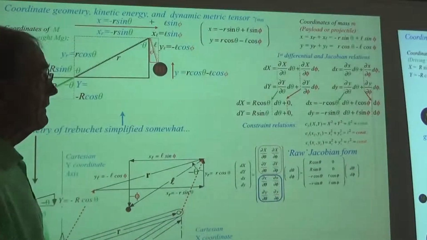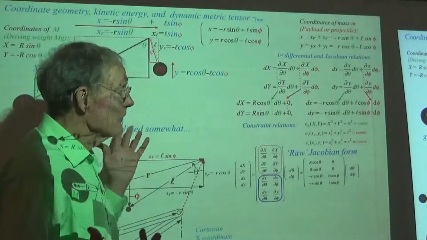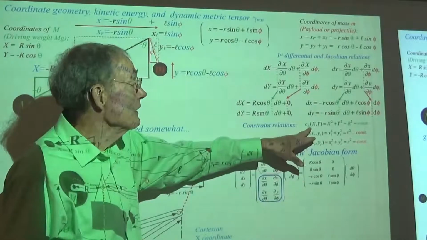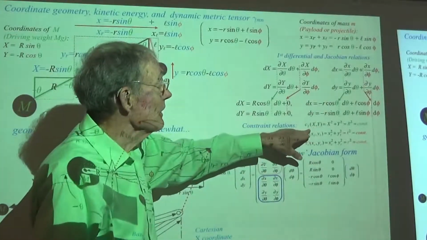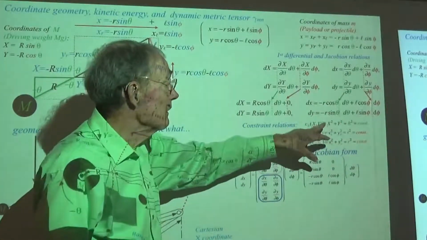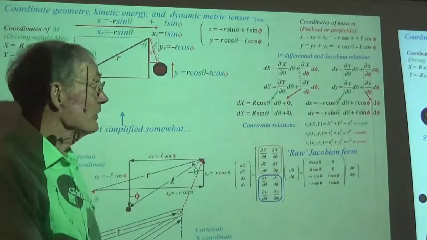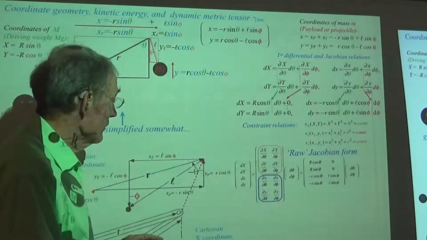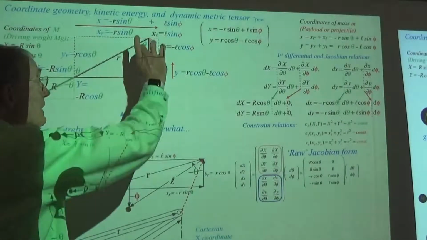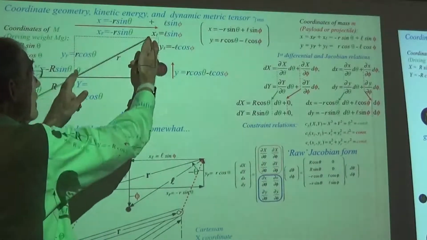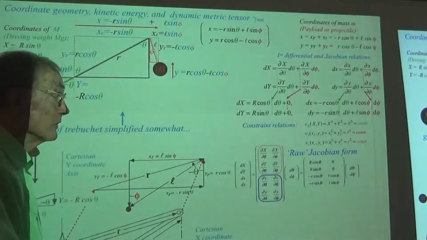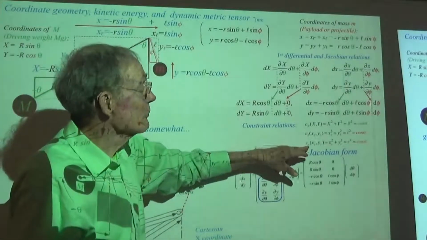The thing may break, and then this constraint relation is no good, but as long as the thing holds together and maintains its length, that sum of squares is a constant, and we're going to also maintain the length of this and this, little r and little l. So both of those are constraint relations.